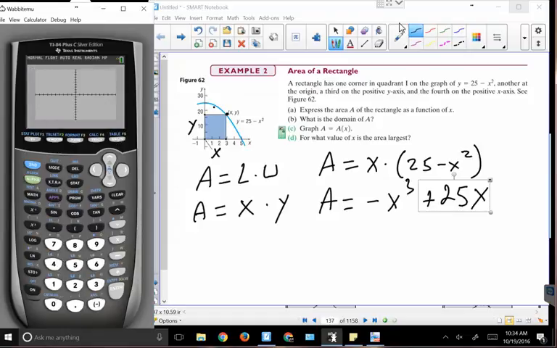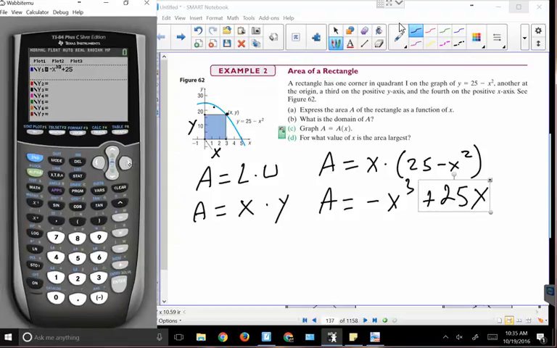Graph. That doesn't look so good to us, does it? I've got to fix this, don't I? I thought I put the x in there. No, the x did not stick. I was going to say that didn't look quite right. There, let's try it again.